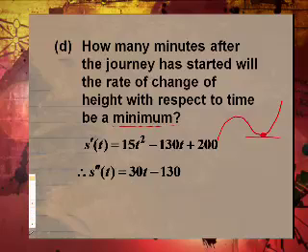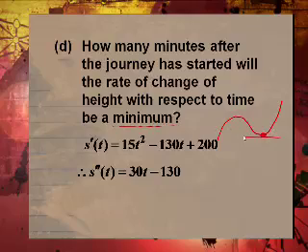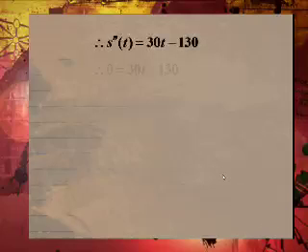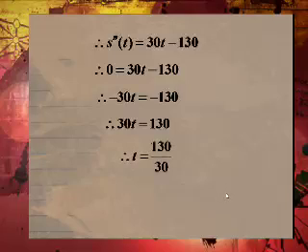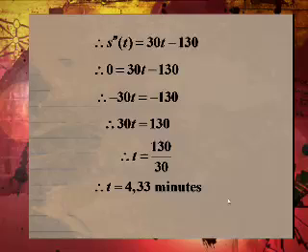This was a bit tricky. We're now not talking about this as the cubic. They're saying, when will the rate of change of height with respect to time be a minimum? So you get the second derivative. This is quite a challenge. We put that equal to naught and we solve for t. So the rate of change, the speed, will be a minimum at 4,33.